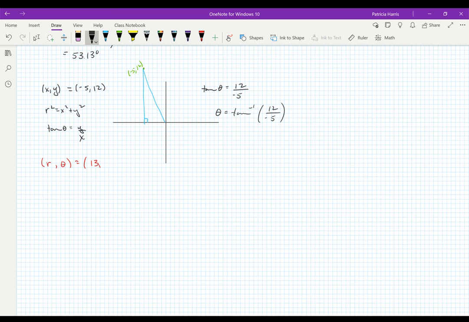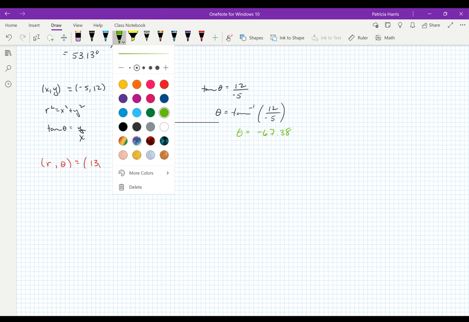Here we go. My calculator very nicely kicked out a negative 67.38. That is in quadrant 4. I don't want to be in quadrant 4. I want to be in quadrant 2.